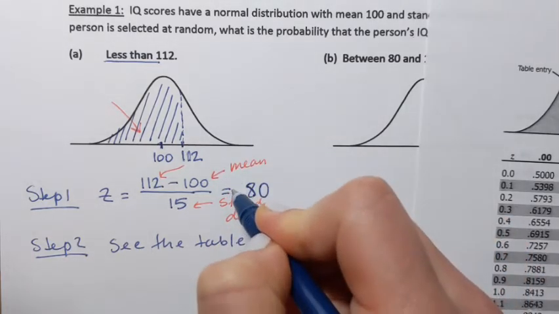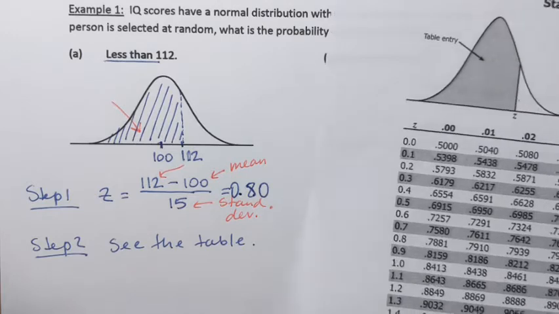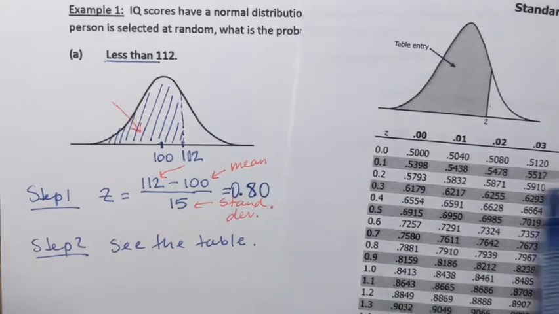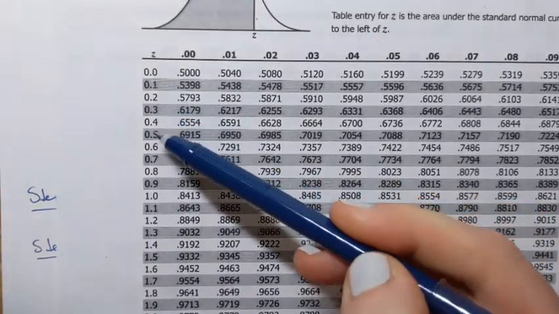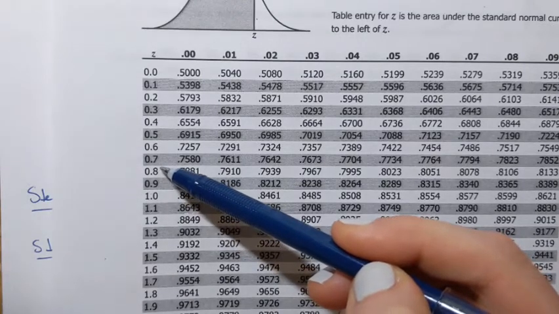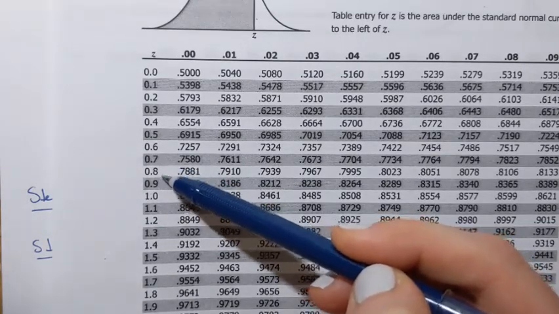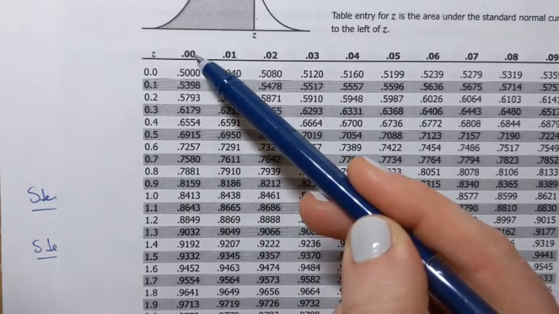So in my case, the first 2 digits, it's 0.8, right? So technically I have 0 over here. So it's 0.8. So in the first column, I need to find 0.8. That's the first column. 0.8 right here. And next, I have to check the second digit after the decimal point. Remember, it was 0. So that means that I have to stay in the first column.